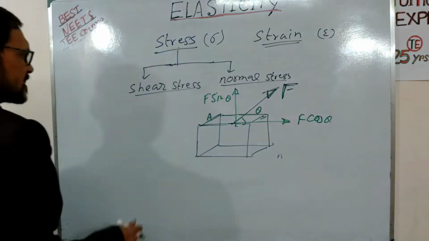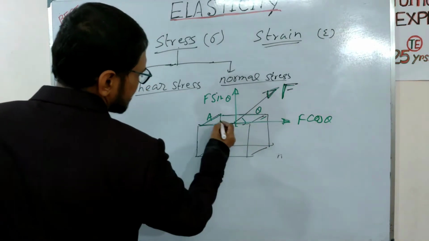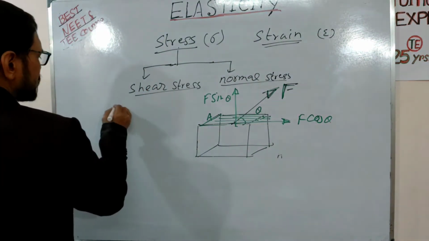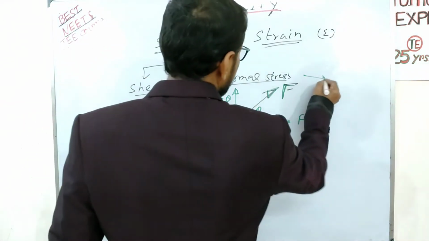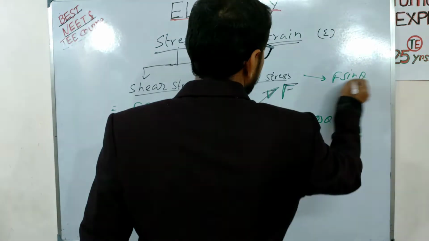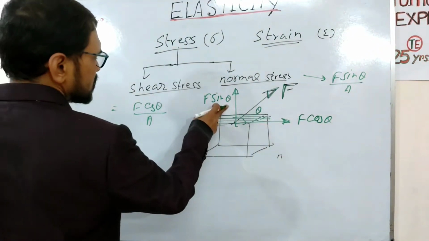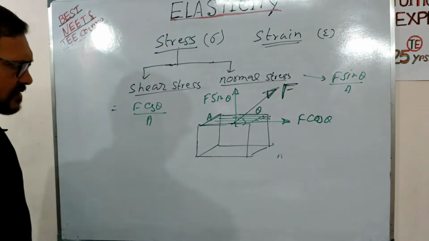Shear stress means the stress which acts tangentially along this. So shear stress will be F cos theta by A, and normal stress will be F sin theta by A. That is the stress developed normally. That is, normal force causes the normal stress and tangential force causes the shear stress.